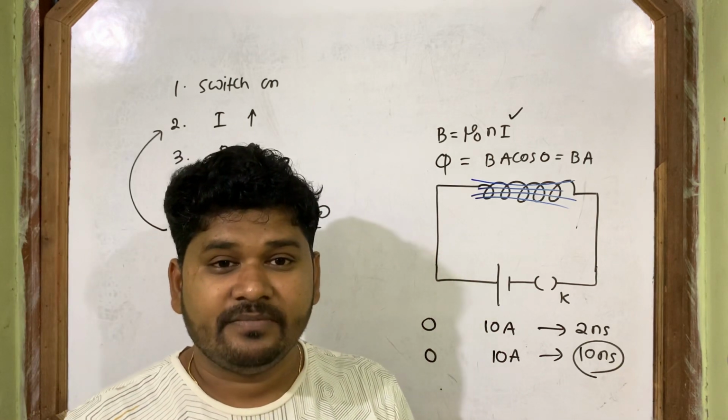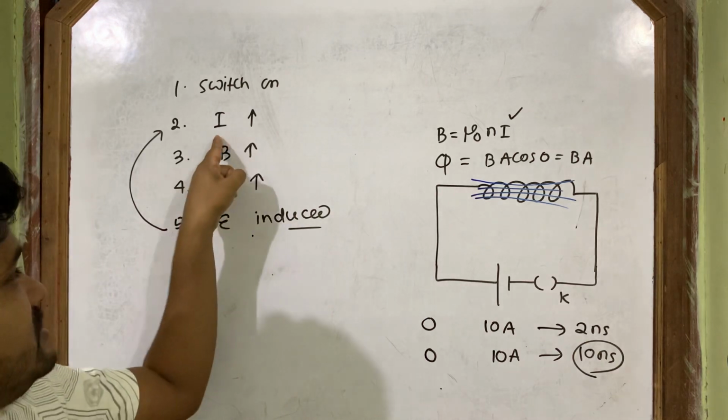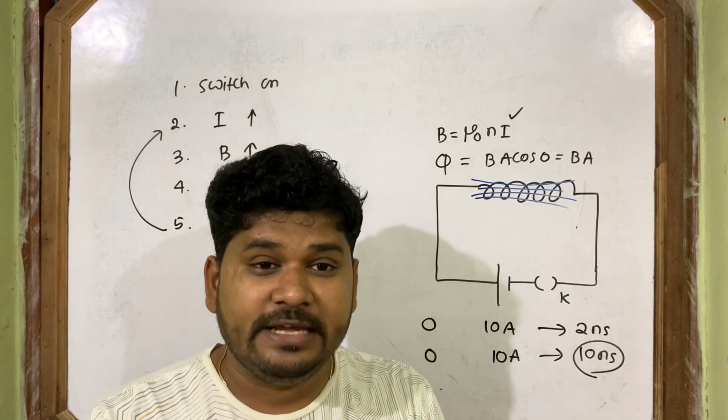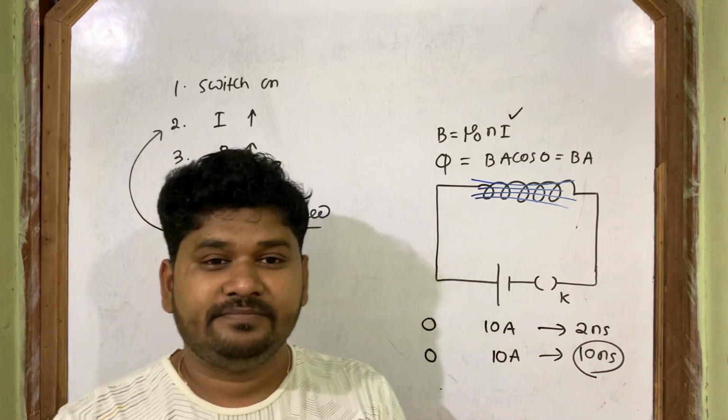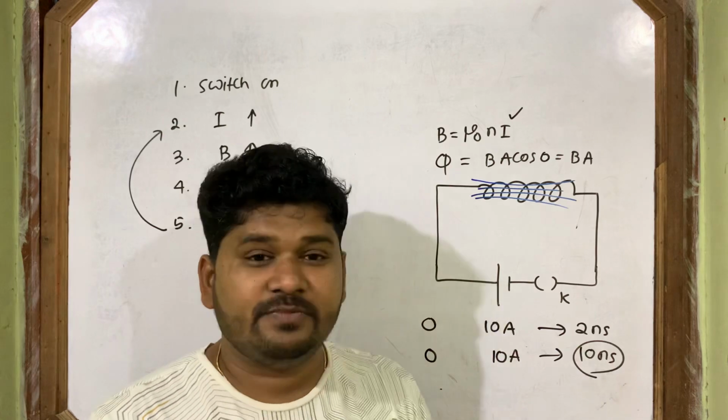Why? Because the induced EMF opposes the increase in current. It will not allow the current to increase easily. To increase to its maximum value, it takes more time.